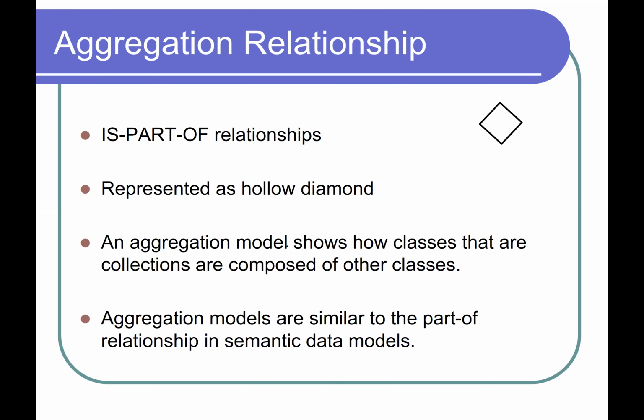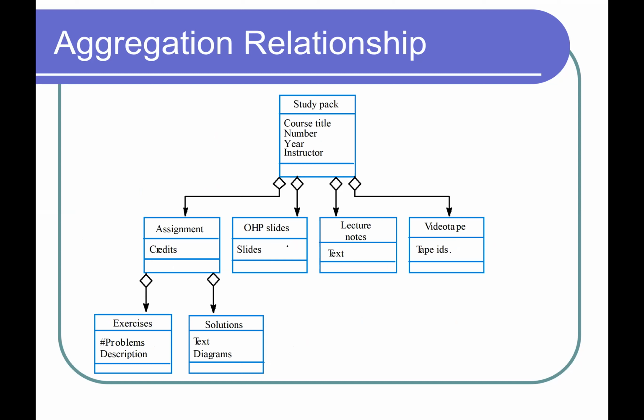The notation tends to be a hollow diamond, as you see, and then a unidirectional arrow from the parent class to a child class. And this is a good example. The way I'm reading this, a study pack has assignments, slides, lecture notes, videotape, and so on. The assignments themselves have exercises and solutions.